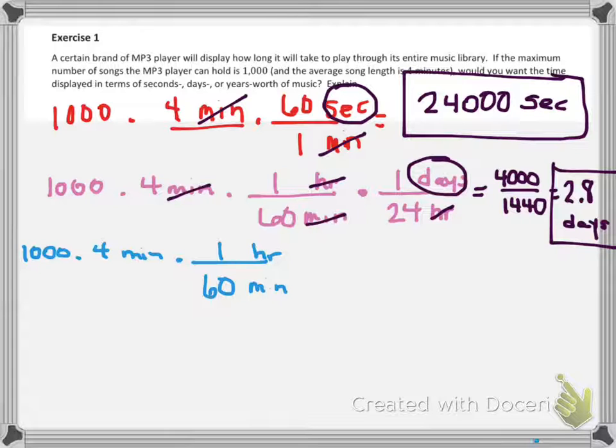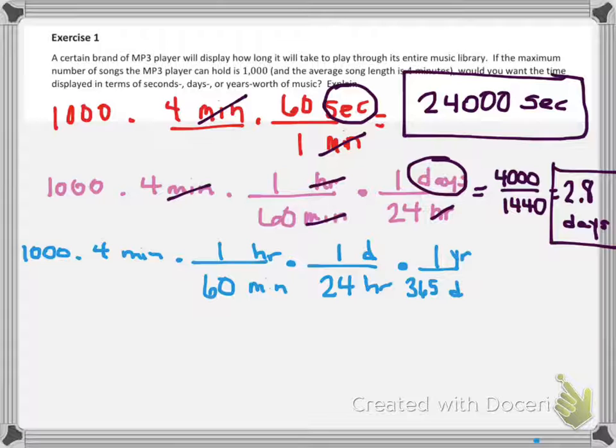And then I need to change my hours into days. And there are 24 hours in 1 day. And then I need to change my days into years. And there are 365.25, but we'll just say 365 days in 1 year.